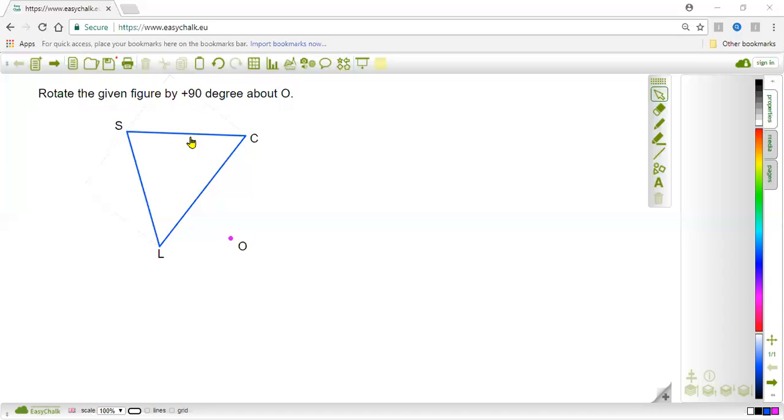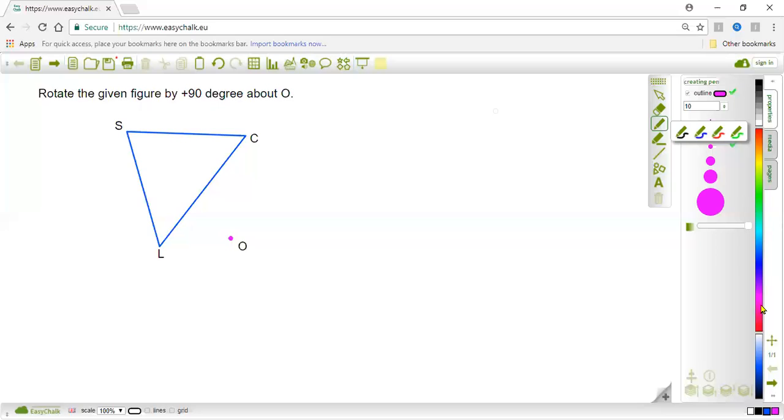Here we are going to rotate this triangle about this point O by an angle of 90 degrees in the counterclockwise direction. The very first step while rotating is connecting all the vertices of the given object to the center of the rotation. Before taking the point S, let me first mark all the vertices of this triangle.